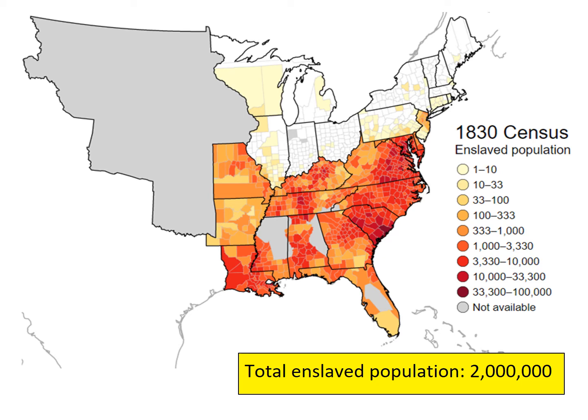Within 40 years, that slave population grows from 700,000 people to 2 million. By 1830, nearly all of that population is in the South. We call this region the Deep South in America, and it is where slavery grew during this period.